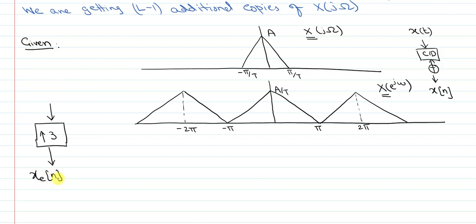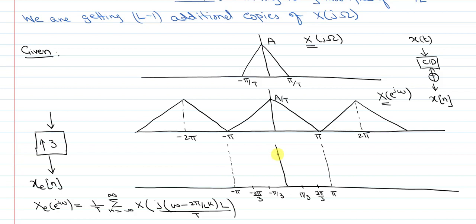According to our derivations, we will now get back a Fourier transform where for the expanded sequence we are going to get a scaled version of the frequency axis, but the shifting will be by a factor of 2π/L. So if I do that, I'll get back the following.